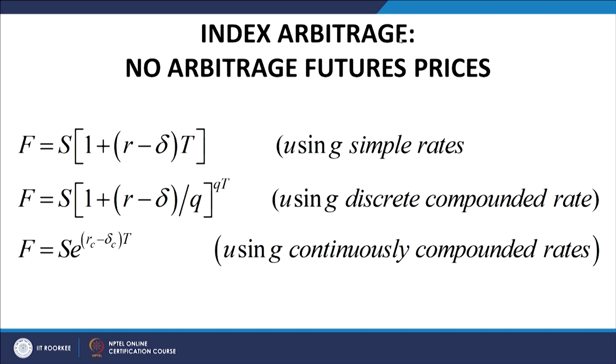The no arbitrage price of a futures, we all know, if you use simple interest, then it is this one. If you use compounding at discrete intervals, it is this, and if you use continuous compounding, it is this expression. This is a first order approximation of this, and so on. These are the no arbitrage values of futures contracts.